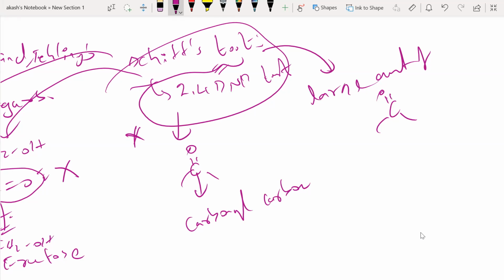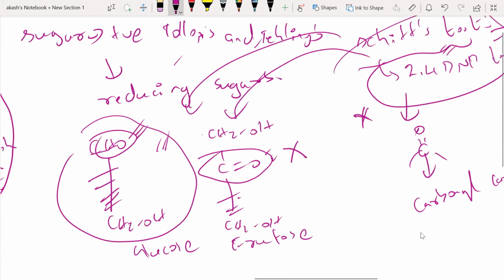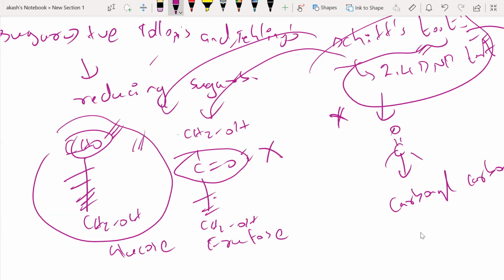I need some considerable amount of C double bond O for Schiff's or 2,4 DNP to be positive. So this should be the reason glucose and fructose are not giving a positive 2,4 DNP test: the amount of C double bond O present in these molecules is not enough.